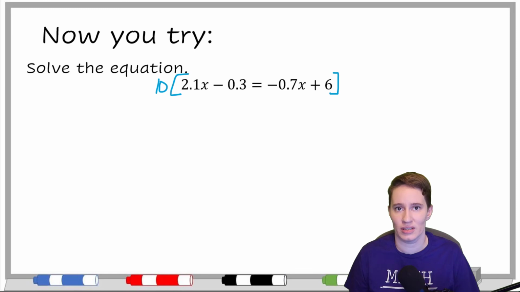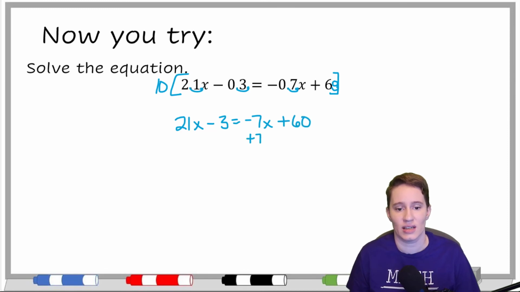We don't skip over it, because then we won't have multiplied everything by 10. So 10 times 2.1 moves this over once, and we get 21x. 10 times negative 0.3 moves this over once, so we get minus 3. Then we move this over and get negative 7x, and this over gives us 60.